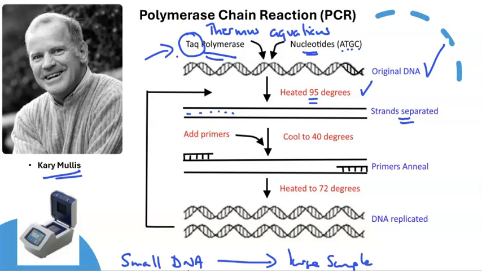At that point, we add primers to the strands and then cool to 40 degrees centigrade. The primers on cooling anneal, that is, they fix to the template strands which have been created in the previous heating cycle.